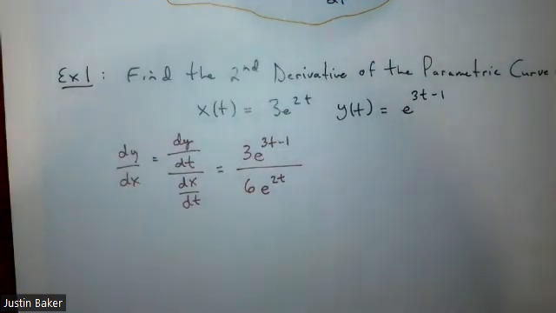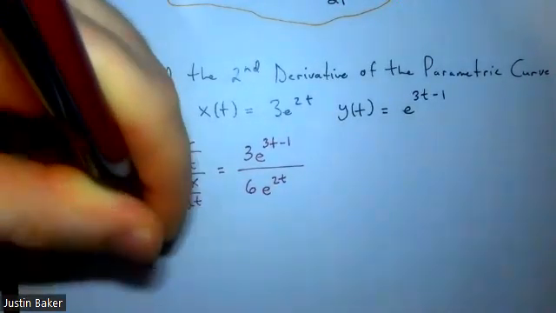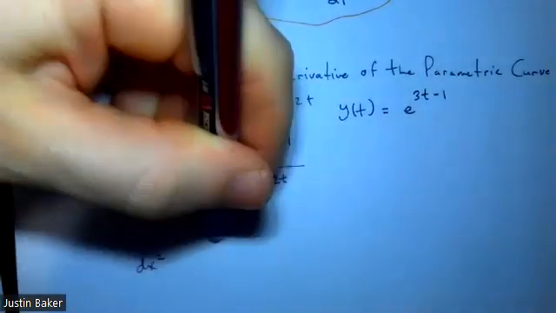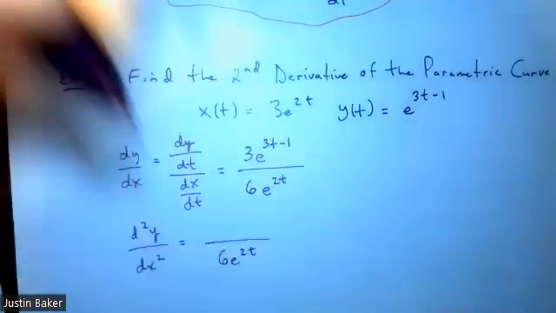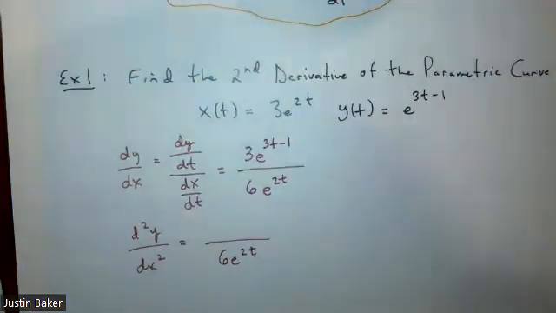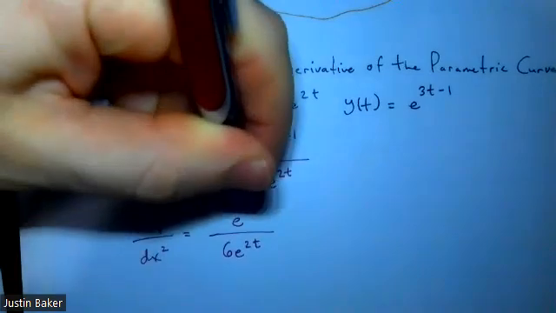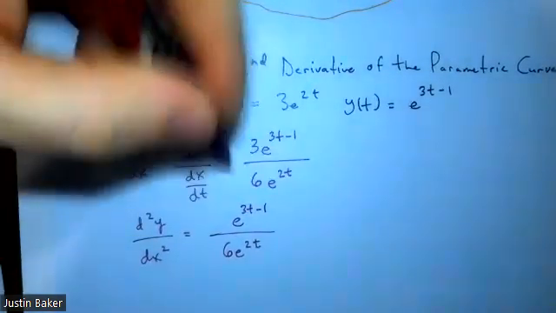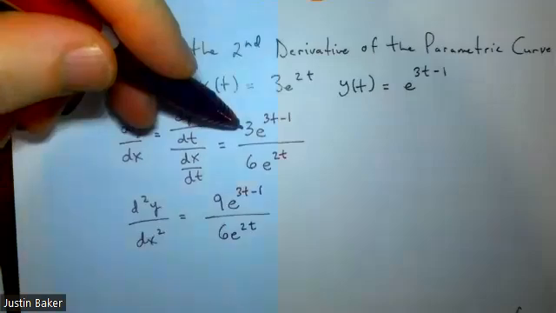Now this question is asking us for the second derivative. So d2y/dx squared, the second derivative, we're going to leave the bottom alone and rederive the top half. That's going to be e to the 3t minus 1, and then that's going to be times 9 because we had a 3 out front already.